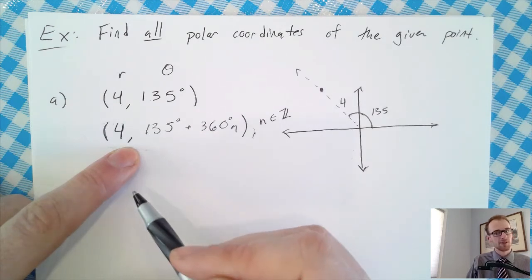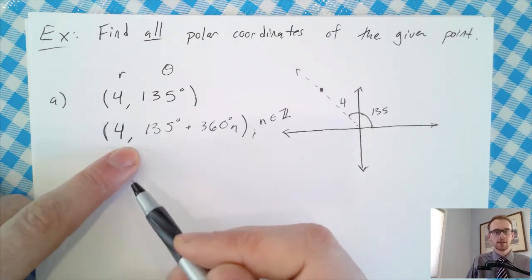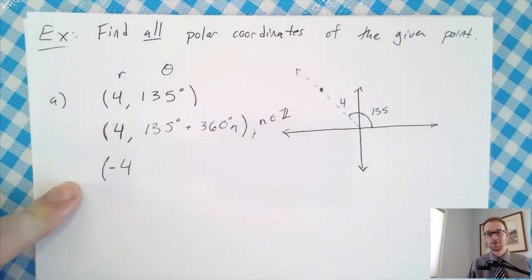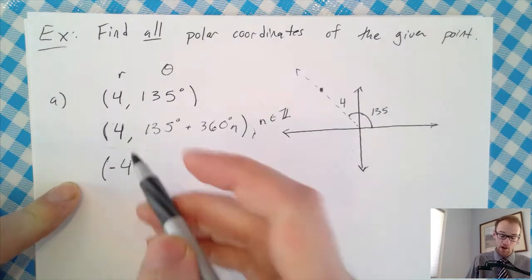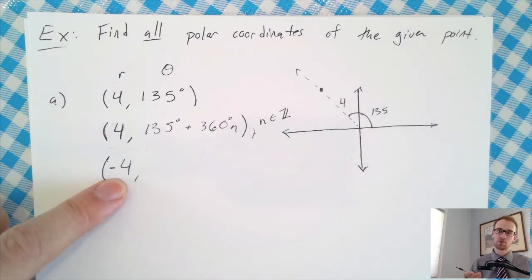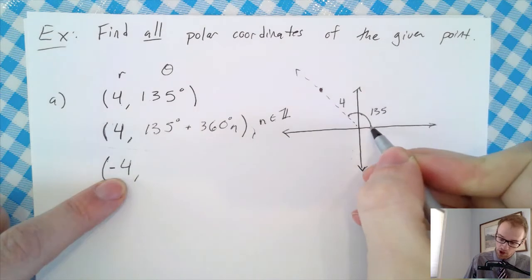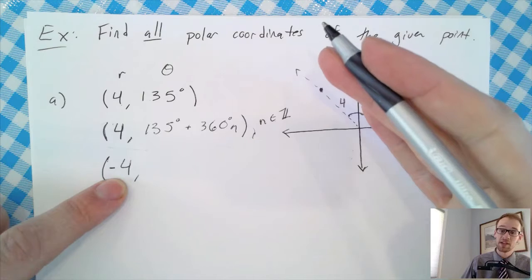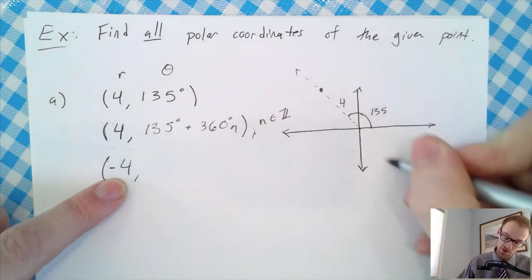However, it's not all. There's also infinitely more, and that would be when we use a radius of -4. If you watched the last video, you know that how we deal with a negative radius is by going the opposite direction of where theta was orienting us. So if we were oriented in 135 degrees and then had a radius of -4, we'd actually be 4 in this direction.